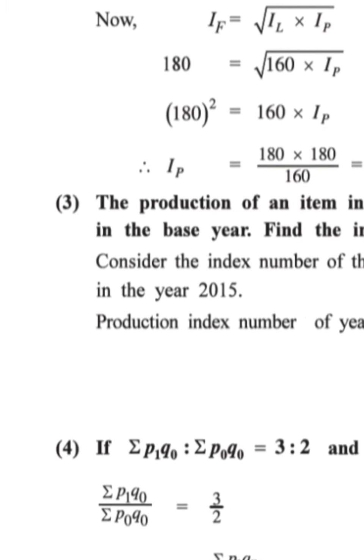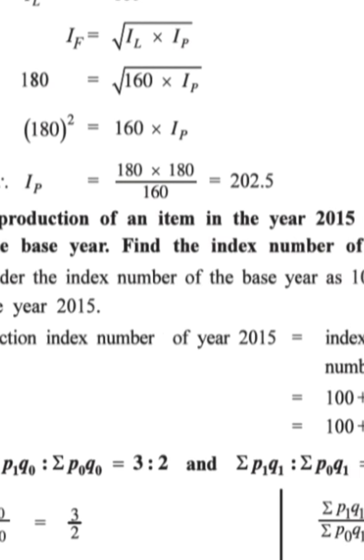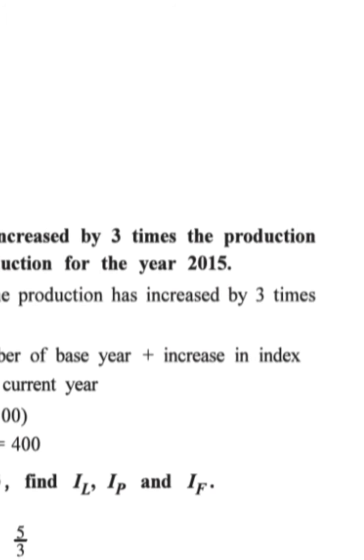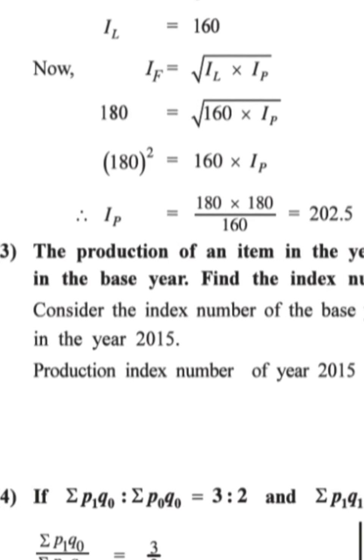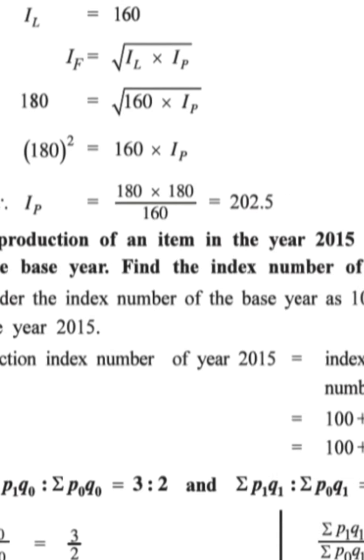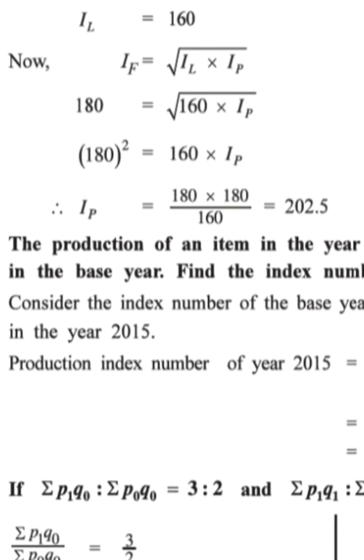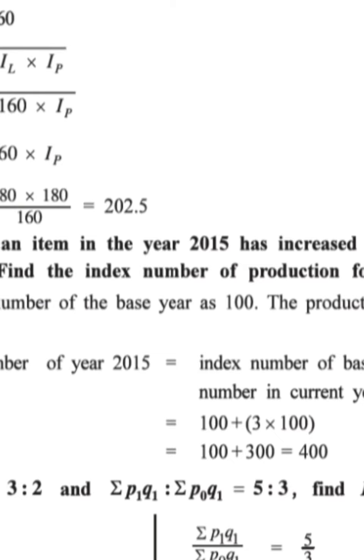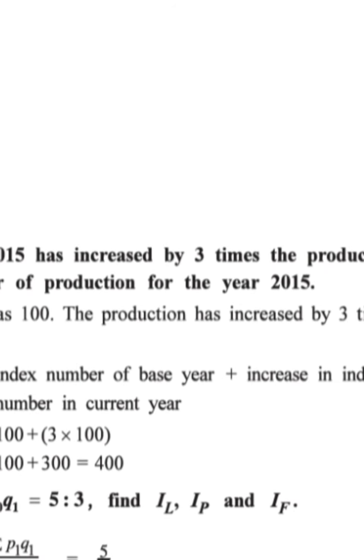Next, the third sum. What have they given in the third sum? That the production of an item in the year 2015 has increased by 3 times the production in the base year. So you see, in the current year 2015 the production has increased 3 times compared to the base year. What was the production in the base year? They have not given it. Find the index number of the production for the year 2015.